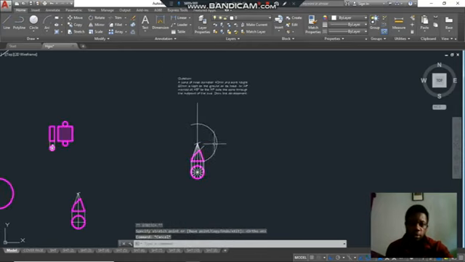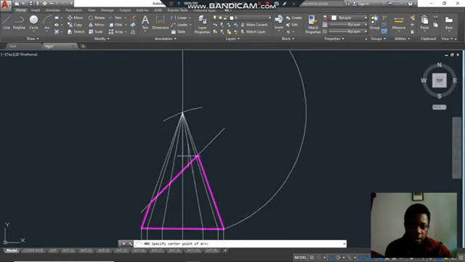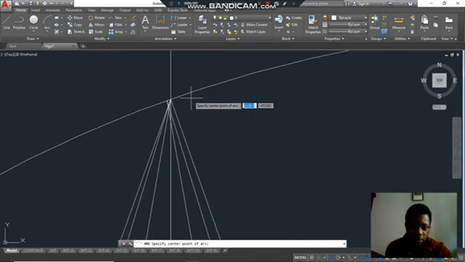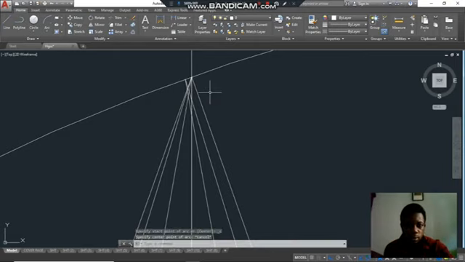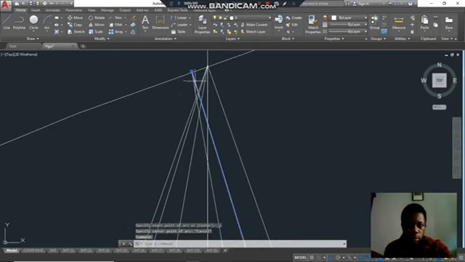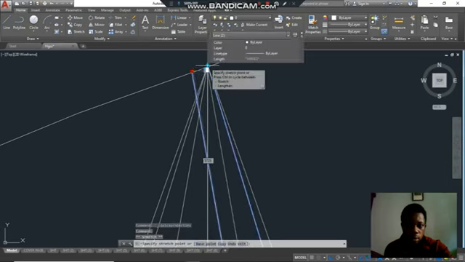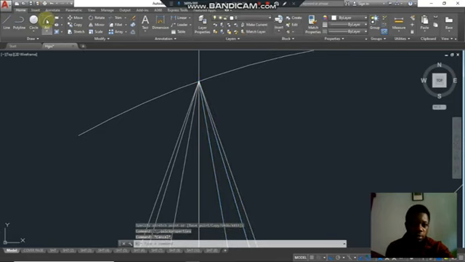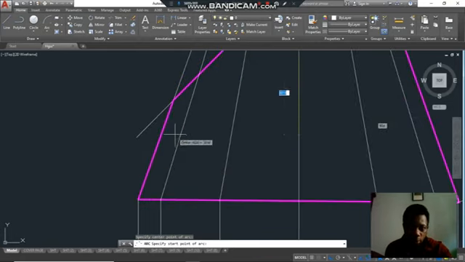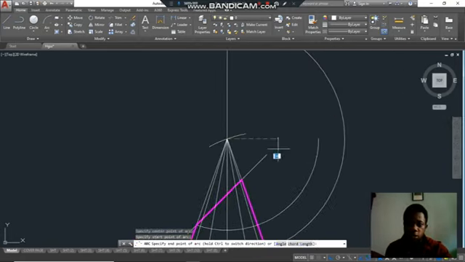Okay, let's have that way. Then we pick an arc again. Remember, the center must be the apex of the triangle, of the cone, sorry. Yeah, that actually looks like a triangle, but it's not.